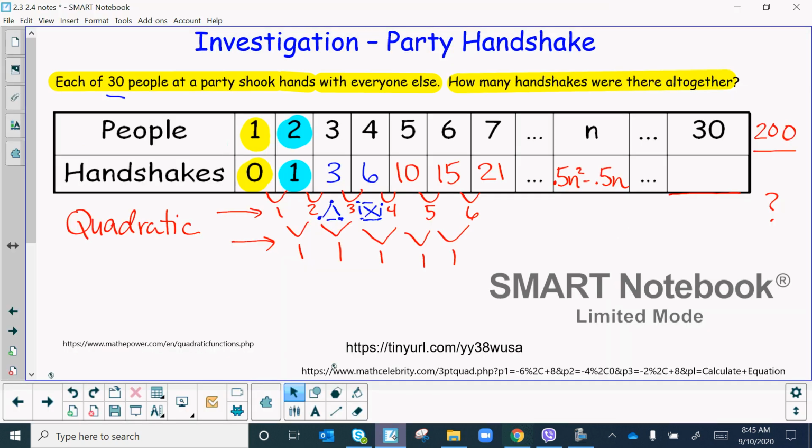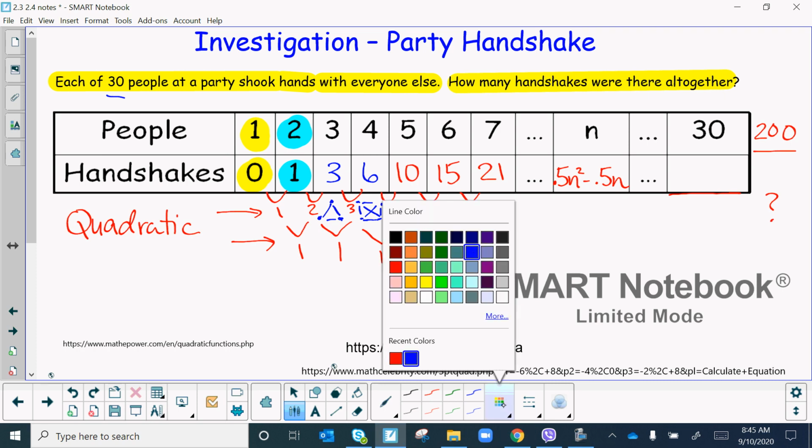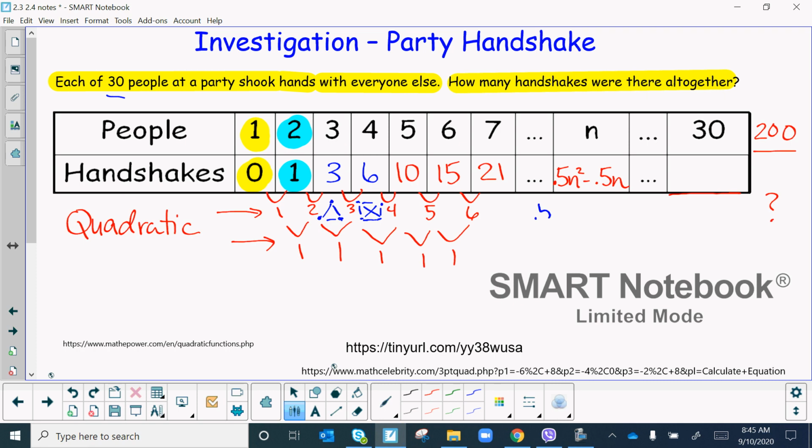Okay, so let me show you how to find how many handshakes went on for 30 people. I'm going to take my function rule. My function rule is 0.5, and for n, I'm going to plug in 30, and then I'm going to square it, minus 0.5 times 30. And you can use your calculator to do that. 30 squared is 900. 0.5 times 900, half of 900, is 450.